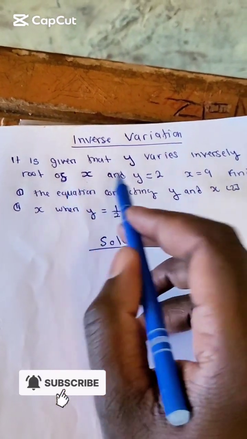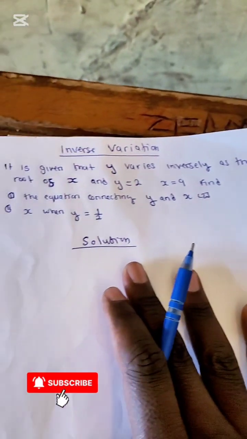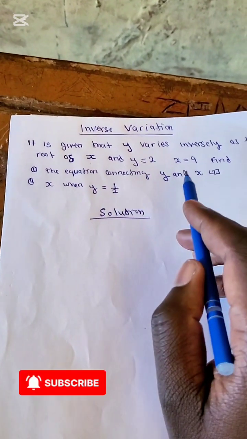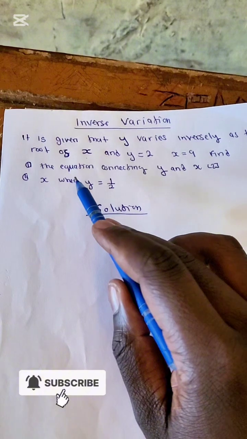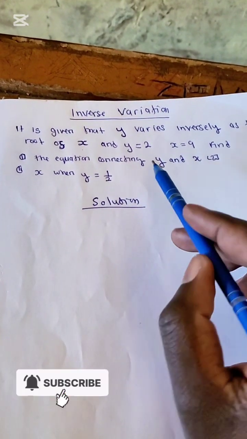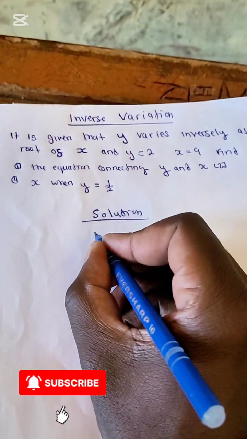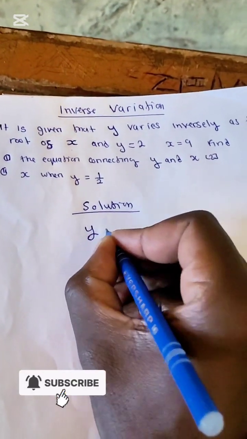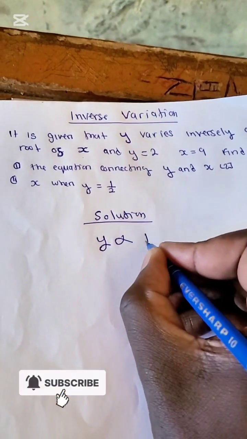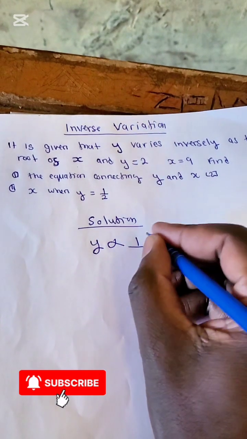Okay, so it is given that y varies inversely as the square root of x. And y is equal to 2 when x is equal to 9. Find the equation connecting y and x. Inverse variation means x goes below, in the denominator. So y varies inversely as 1 over the square root of x.